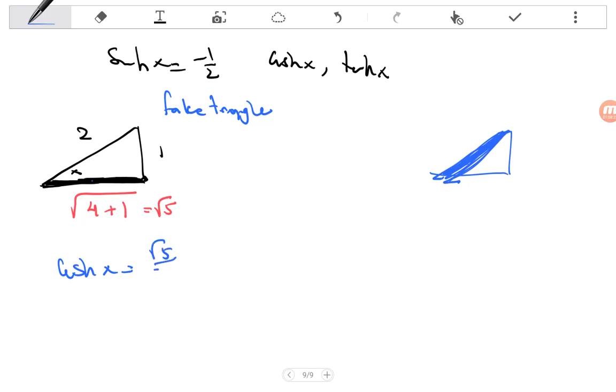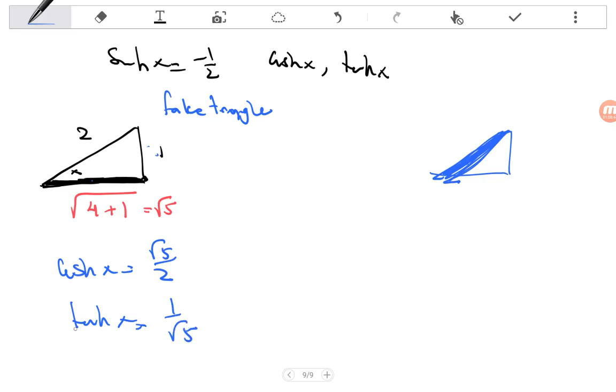It will just be root 5 over 2. What about tangent x? Tangent x is the opposite divided by the hypotenuse, which will just be half. Sorry, it is the opposite divided by the adjacent, so it will be 1 over root 5.